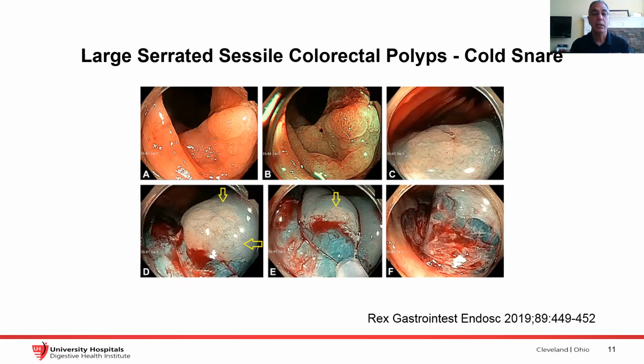You can see the target tissue next to the resection specimen with small little blood vessels that are insignificant. All the margins are resected. And then in F, you see a clean resection, no cautery. This is a very low risk of post-polypectomy bleeding or post-polypectomy syndrome in general.